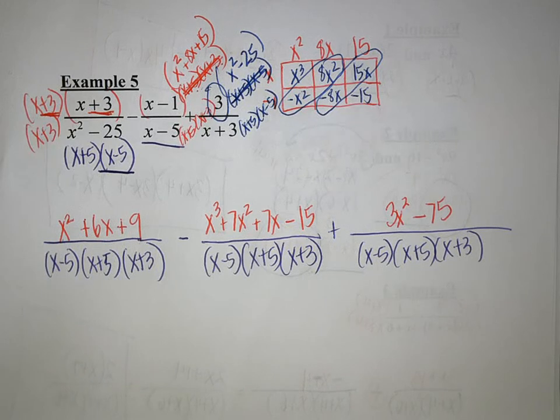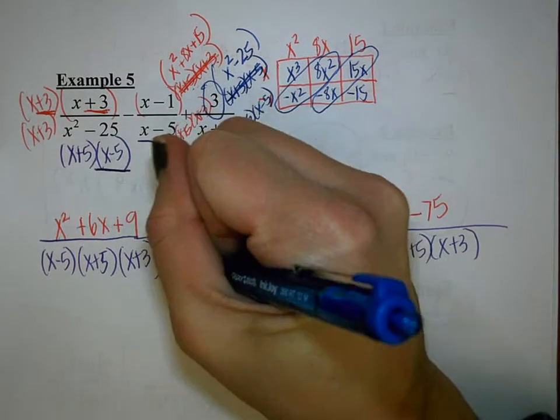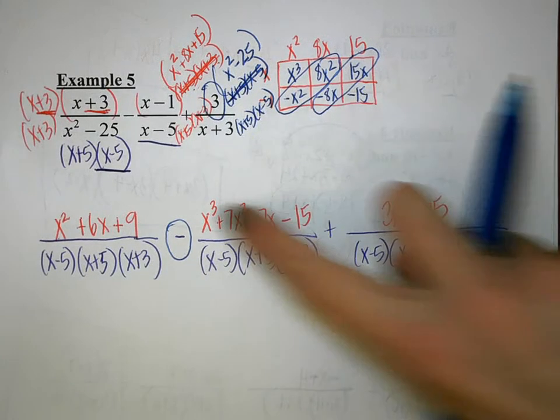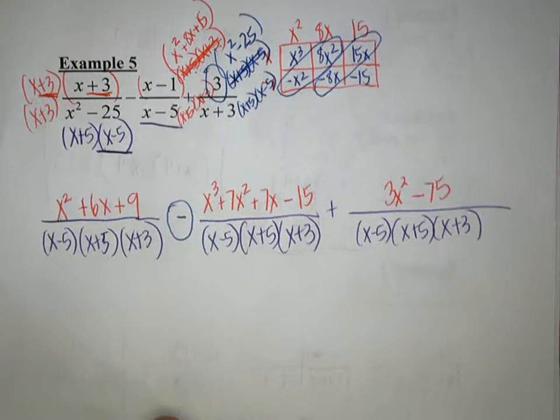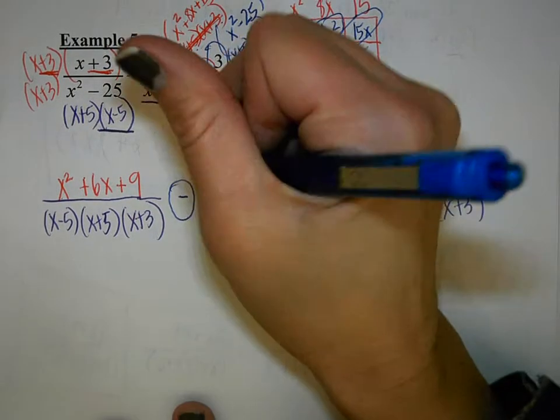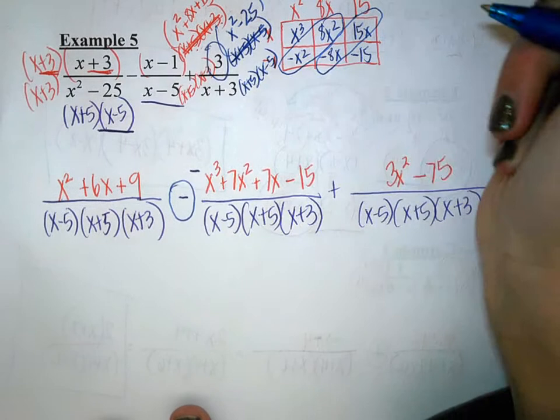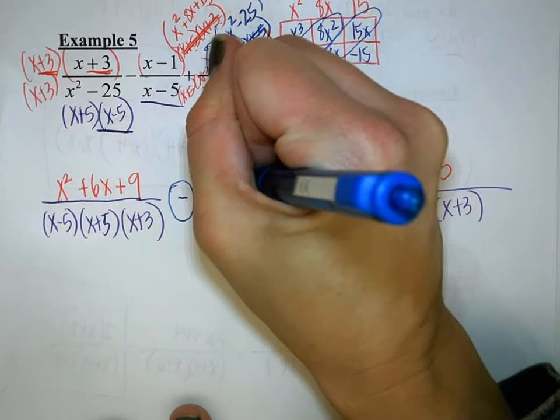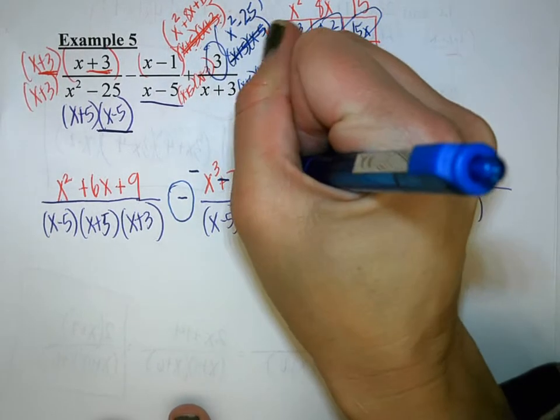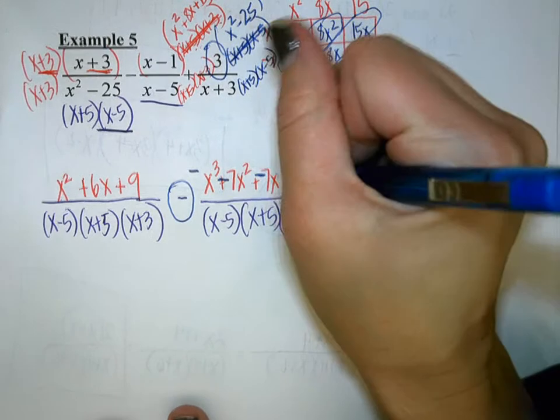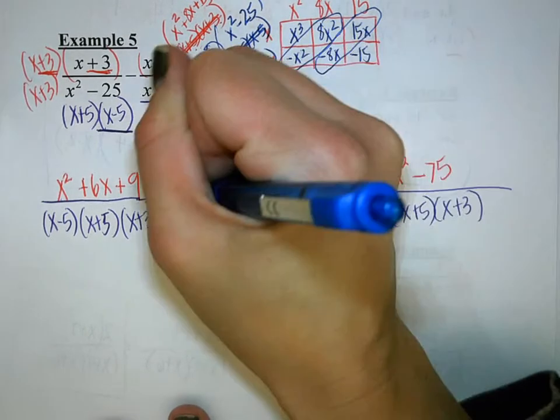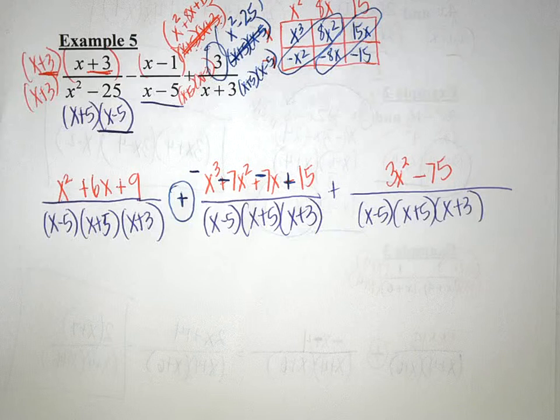Okay, now what do we need to do? Very good. Check for any minus signs. So we're going to take that negative and distribute it to the top right here. So we get a negative x cubed, a negative 7x squared, negative 7x and a positive 15, and that minus changes to a plus.